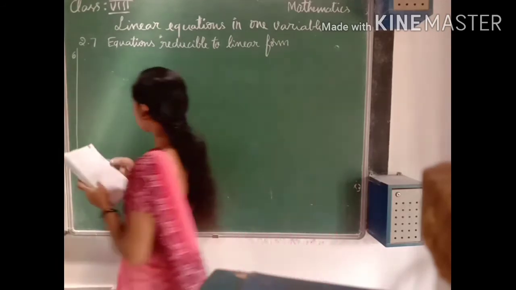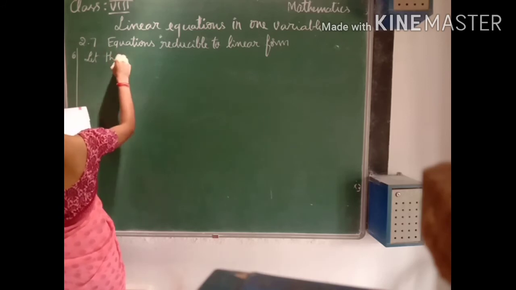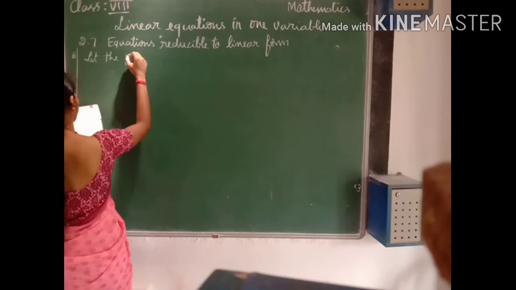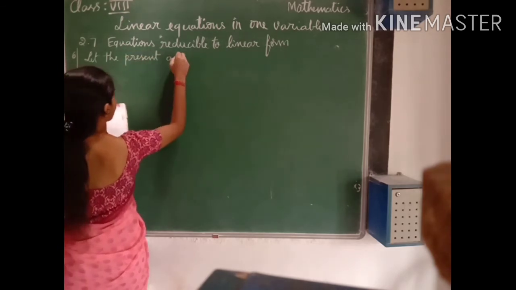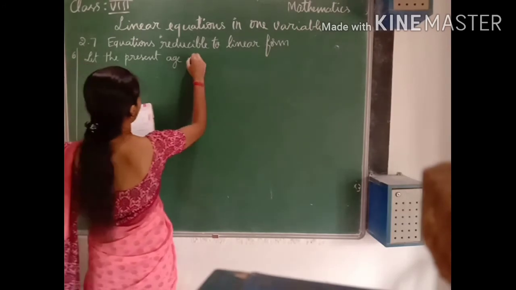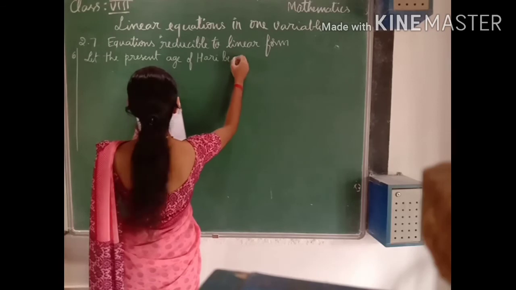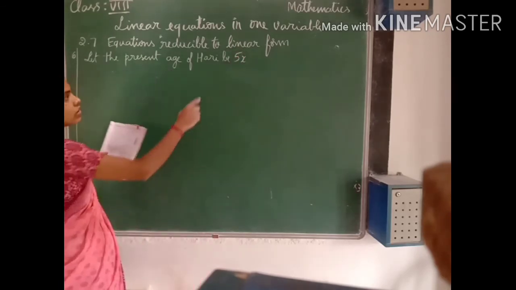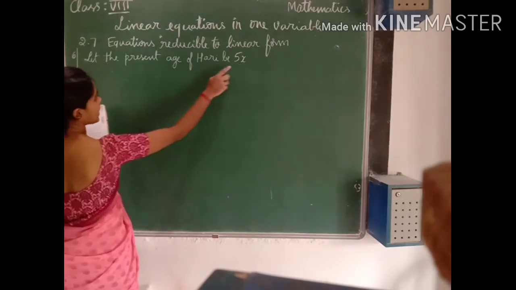So now let us consider, let the present age of Harry be 5x. The ratio is given, the number is not given, so consider it as 5x.